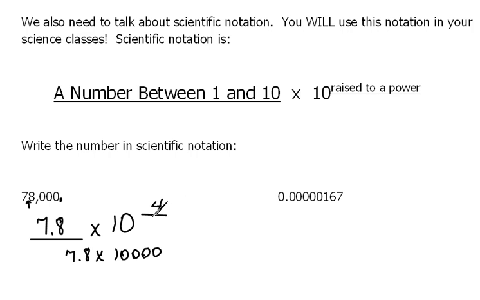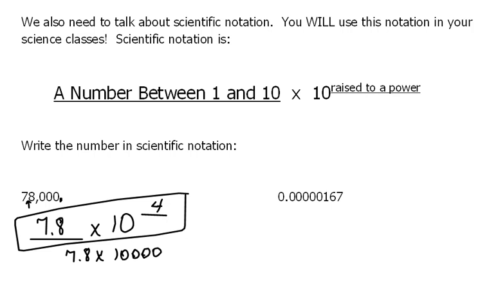This is what's going to help you whenever you need to decide whether you're multiplying by a power that is positive or a power that is negative. Our positive powers create very, very large numbers. Negative powers create very, very small numbers. So this is how we would write this in scientific notation.